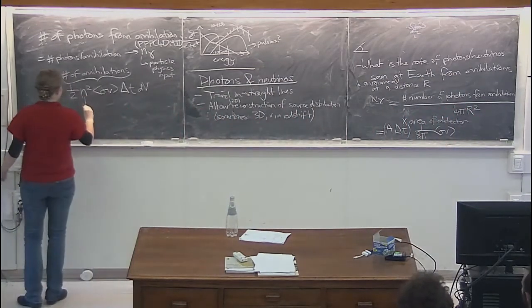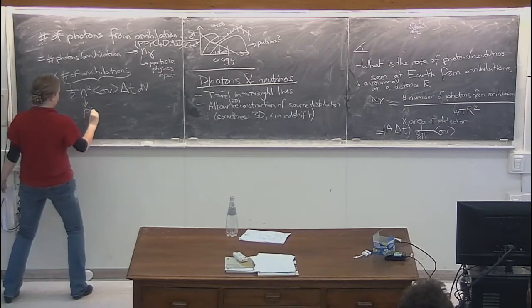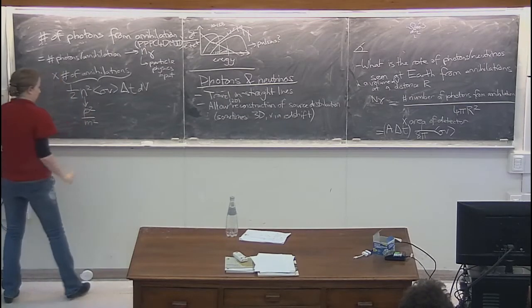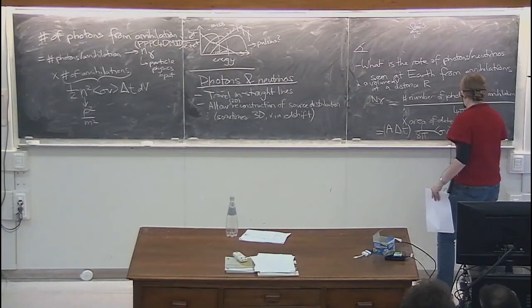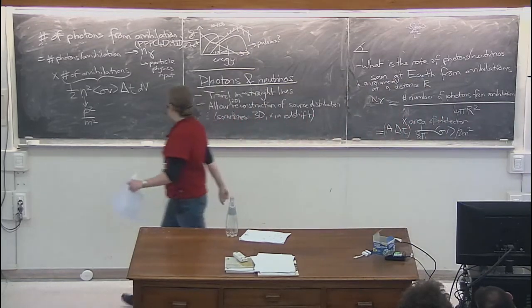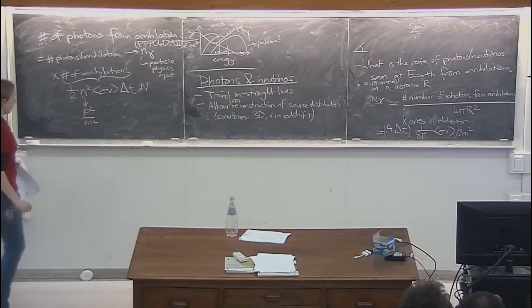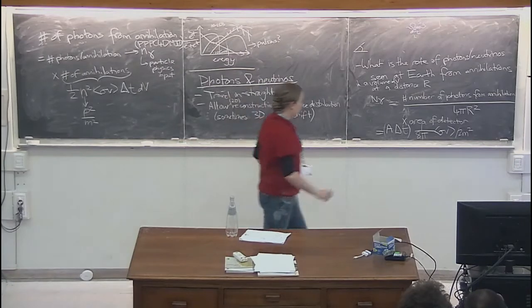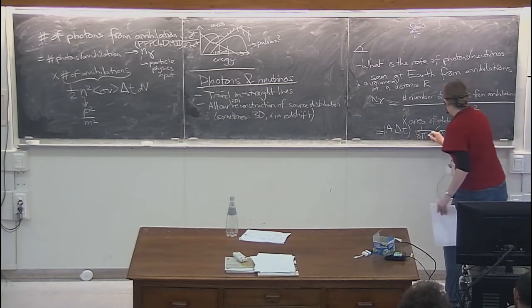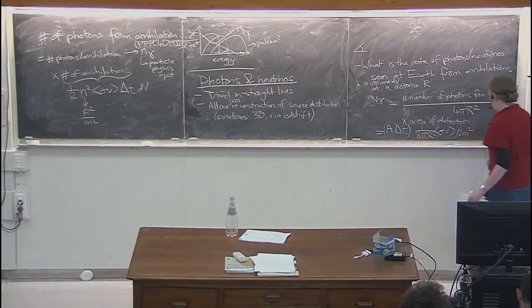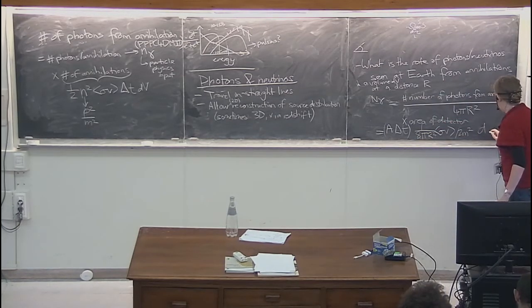This is the number density of the dark matter. We're probably going to know its mass density, not its number density, so we're going to get sigma v over 2m squared here. The little m is the dark matter mass. And then we're going to get a 1 over r squared in there, and we're going to get the rho squared dV.